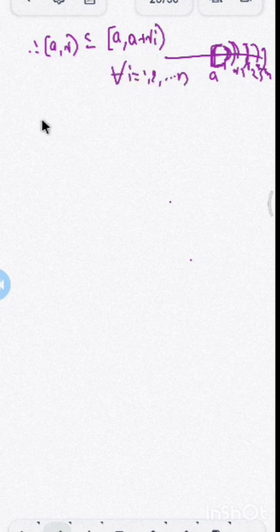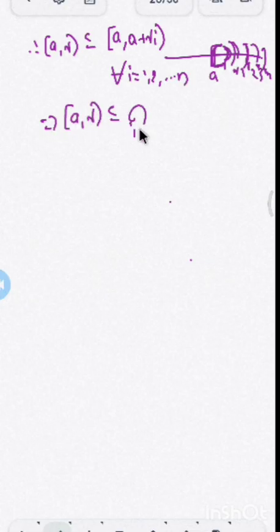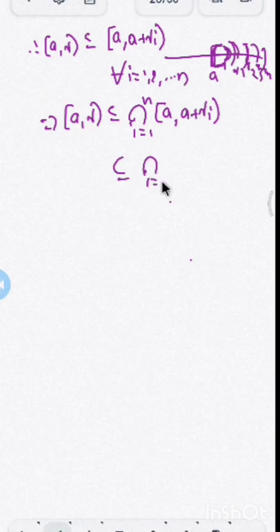n. Which implies the interval [a, a + r) is contained in the intersection because it belongs to every [a, a + r_i), i equal to 1 to n, and this interval is contained in the corresponding A_i.